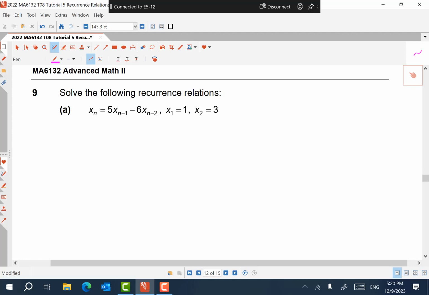In the earlier one, you don't have xn minus 2, no? You only have xn minus 1. In the earlier one, the next term only depends on the term just before. But for this one, the next term depends on the term before and the term before. You know what I mean? So it depends on two earlier terms. That's the only difference.